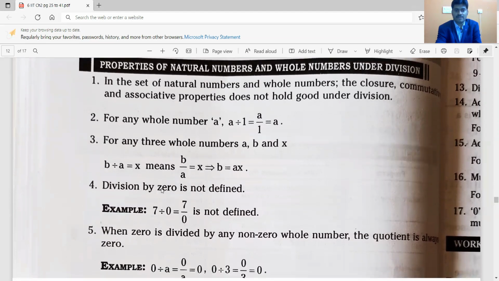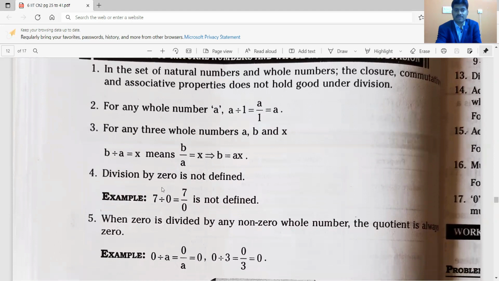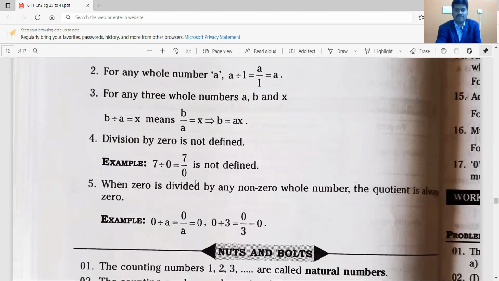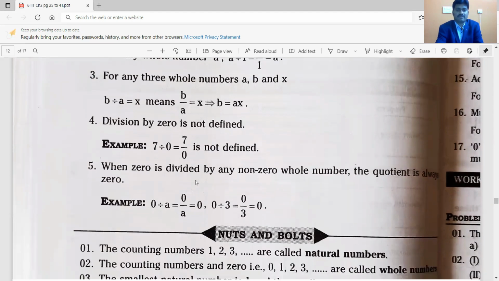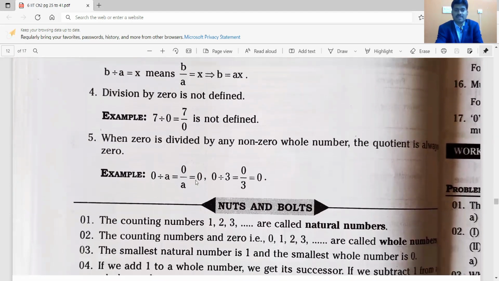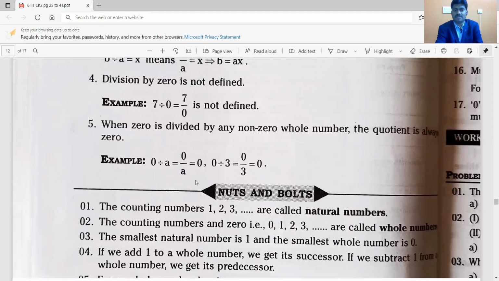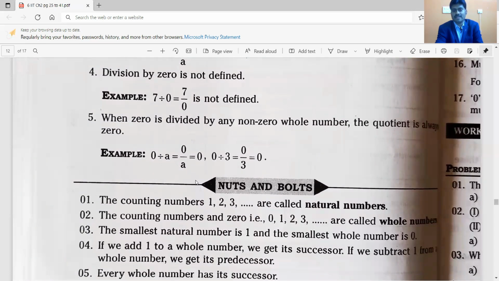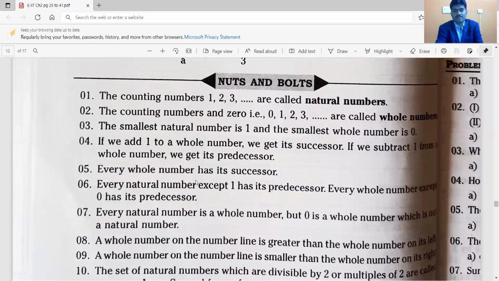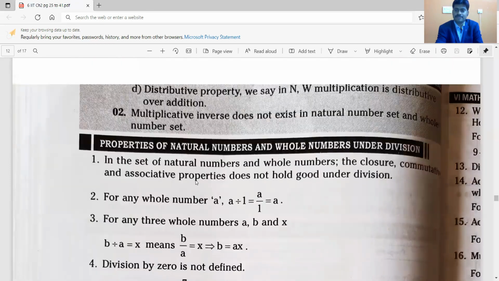For whole numbers A and B, B divided by A is equal to X means B by A is equal to X. And fourth, division by 0 is not defined. 7 divided by 0 is not defined, right? When 0 is divided by any non-zero whole number, the quotient is always 0. 0 divided by A is 0, but A divided by 0 is an undefined value. So these are the points we have seen till now.